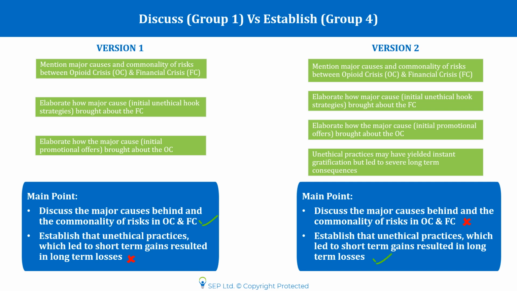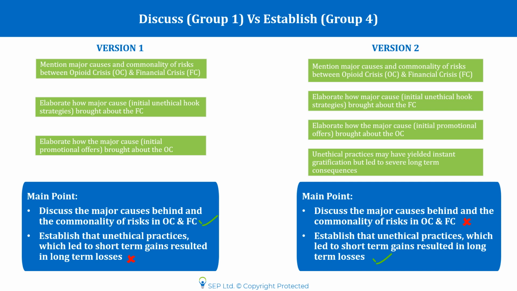He's actually trying to establish that the unethical practices, which were the major causes behind the crisis, led to short-term gains but resulted in long-term losses. So once again, you see how if you know the differentiating factors between the various groups that we have outlined, it becomes very, very easy, almost a cakewalk for you to decide which one to choose if you are given these two options.